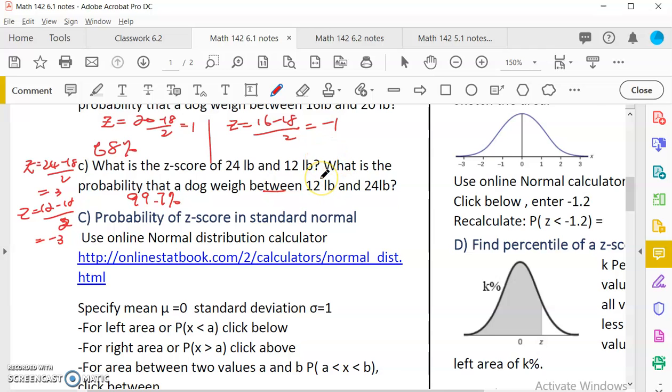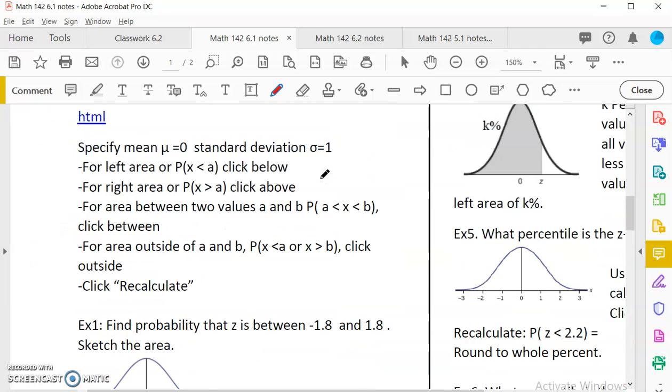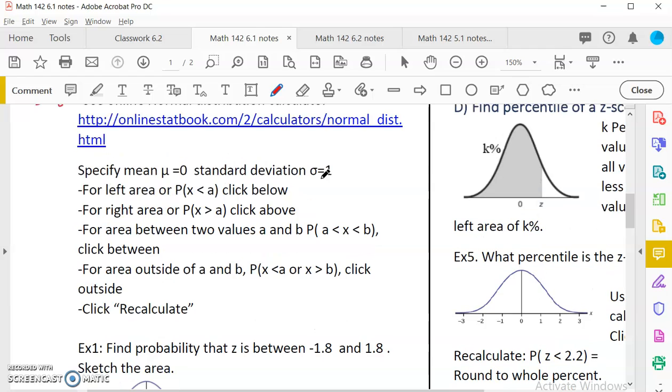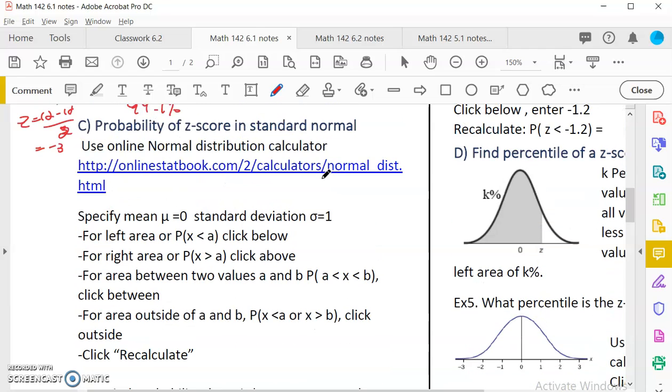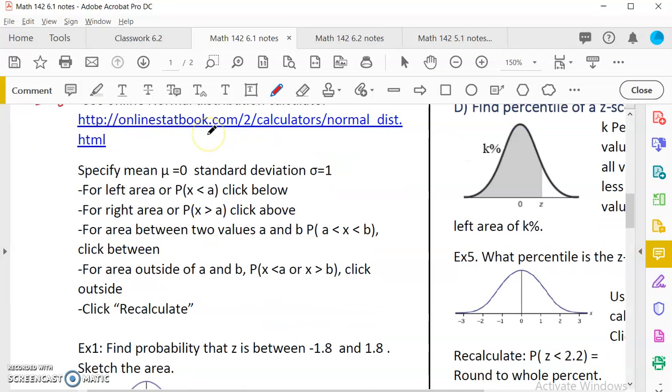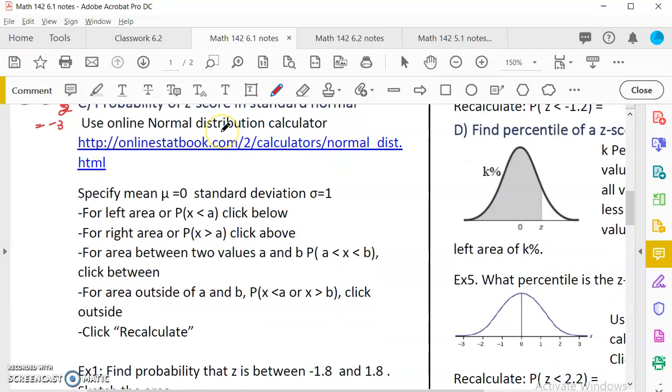The empirical rule does not allow us to calculate x greater than something or less than something. So the next topic is about finding the probability of a z-score. That is, not 1 standard deviation, 2 standard deviations, or 3 standard deviations in between, but more in general, less than a value.